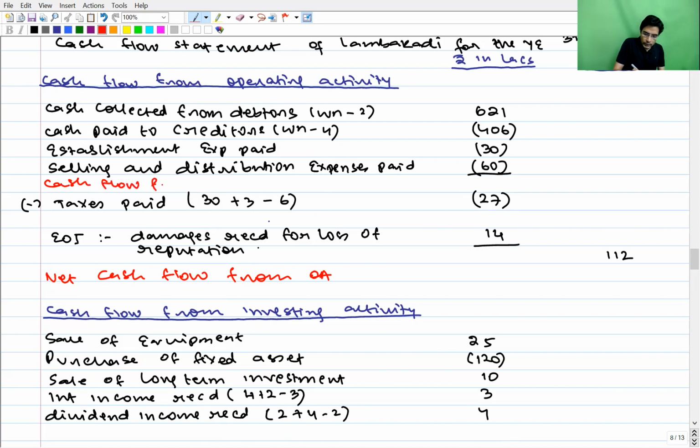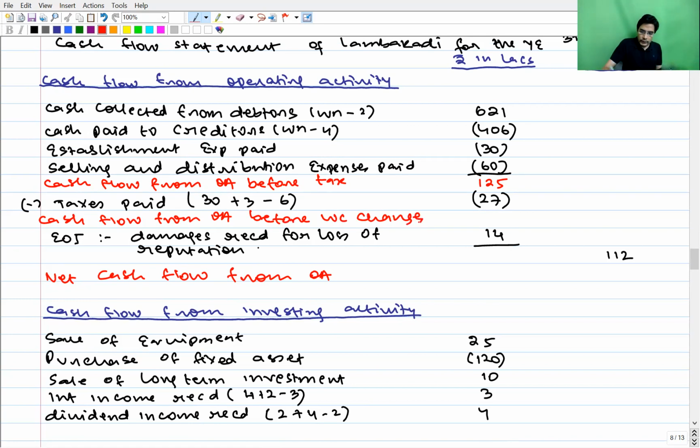Cash flow from operations before tax is 125, and this is cash flow from operating activity before working capital changes, which is 98, and then we'll get the final answer 112.